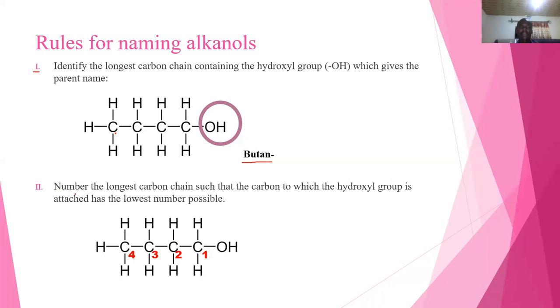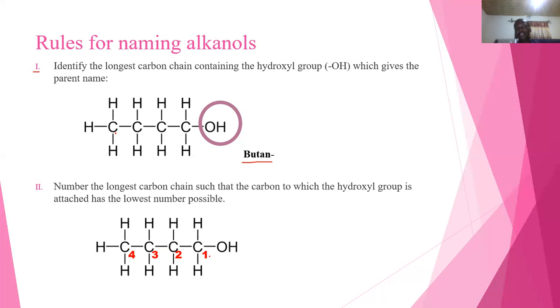Then from there, number the longest carbon chain such that the carbon to which the hydroxyl group is attached has the lowest number possible. Like if we begin from this side, 1, 2, 3, 4, you realize the carbon to which the hydroxyl group is attached will be the 4th carbon.